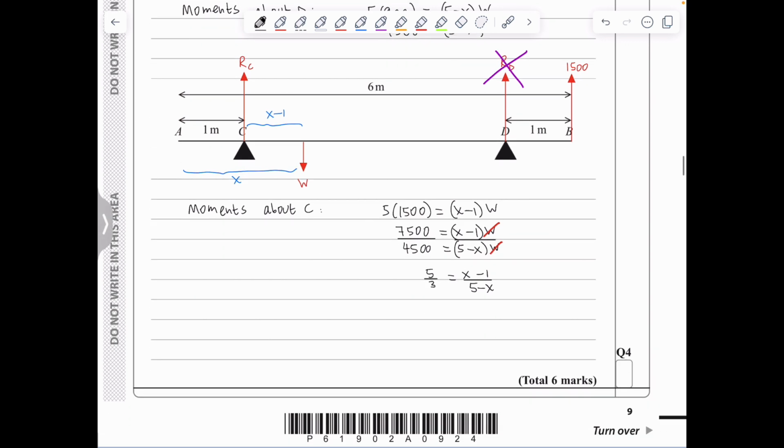I will proceed by cross multiplying to get 5 times (5 minus X) is equal to 3 times (X minus 1). So 25 minus 5X is equal to 3X minus 3, which leads to 28 being equal to 8X, and therefore we get that X is 3.5 meters.